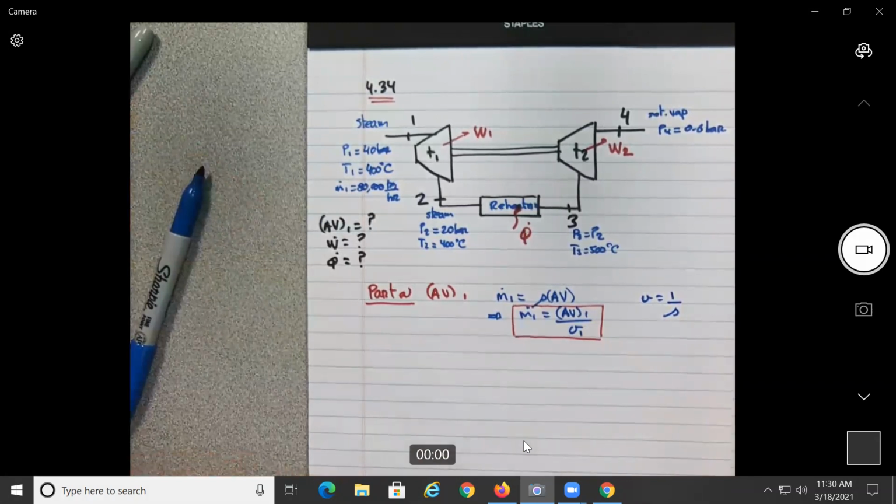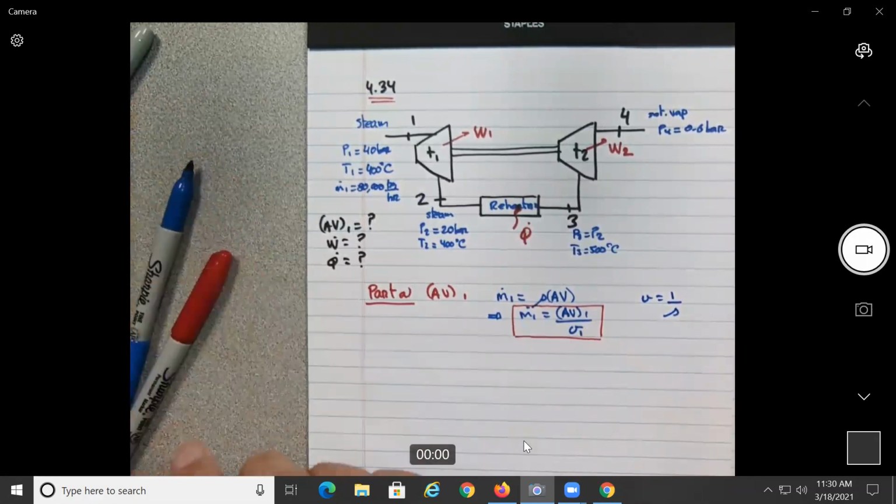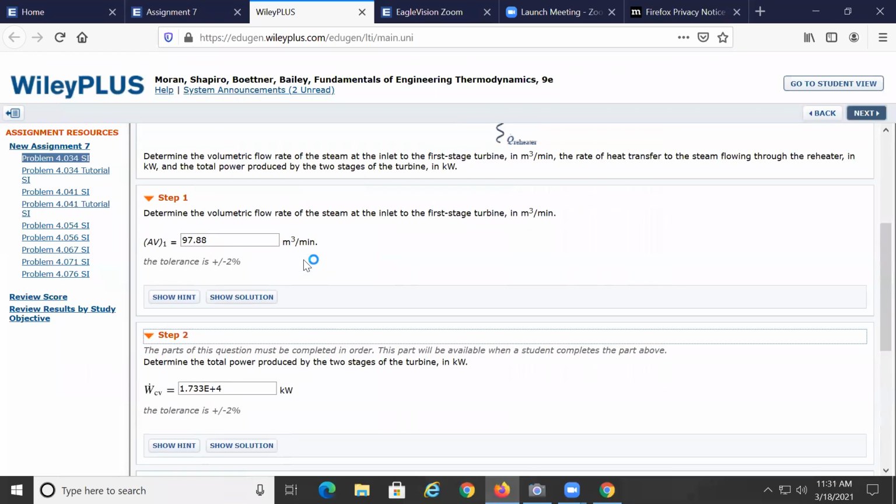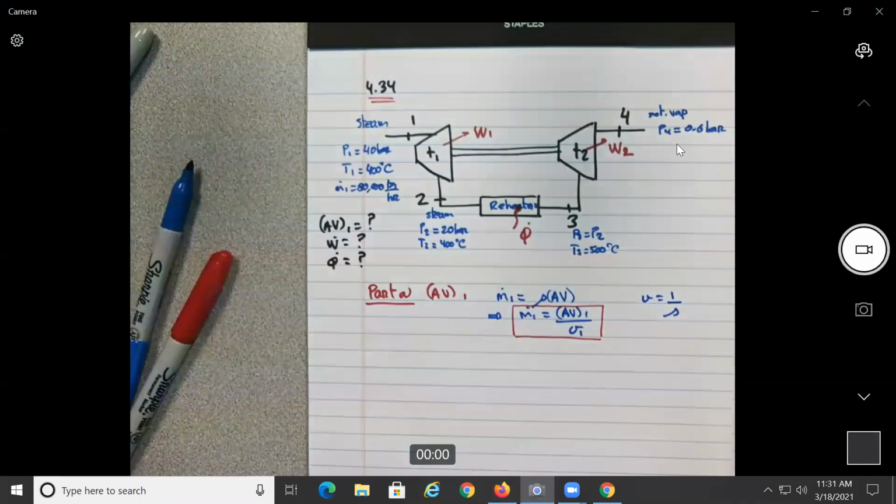So we need to find AV1 in what units? Let's see, we need to find AV1 in cubic meters per minute.